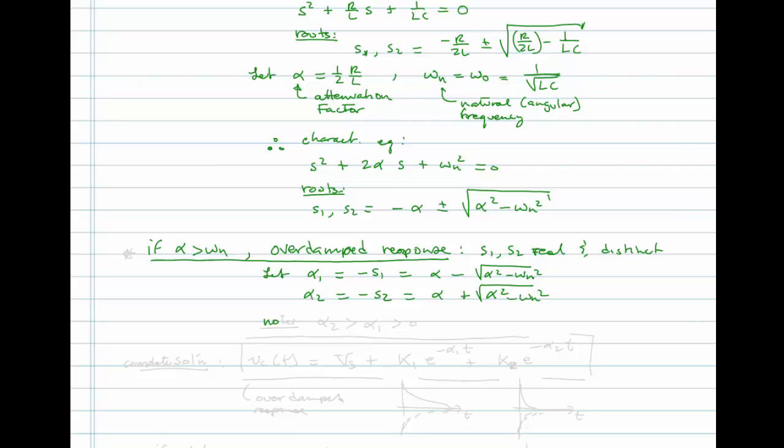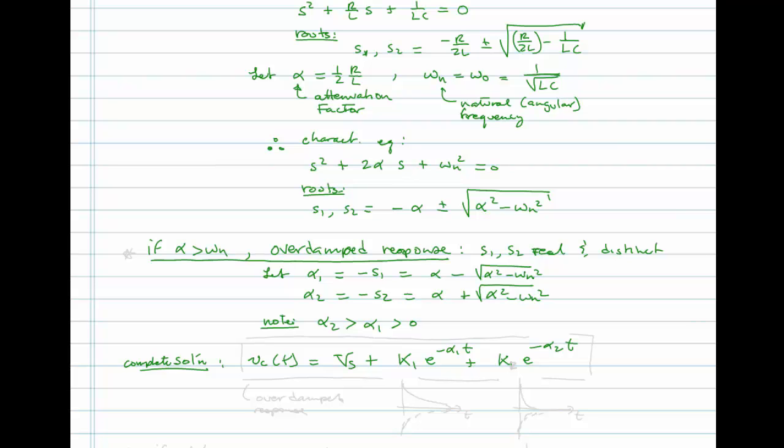We then noted that alpha 2 is greater than alpha 1, which can also be shown to be greater than 0. And so our complete solution is Vc of t equal to Vs, the driving constant voltage, plus a constant K1 e to the minus alpha 1 t plus K2 e to the minus alpha 2 t.